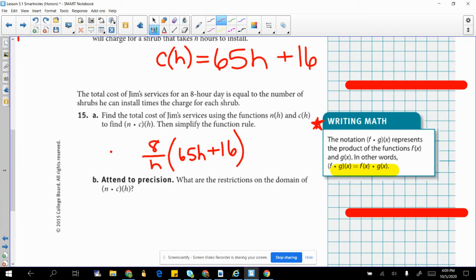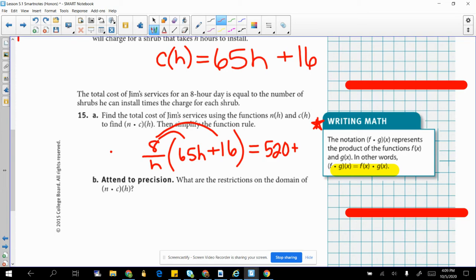First of all, when we distribute this in, that's all we're doing is multiplying that in. So 8 over h times 65h, the h's are actually going to cancel. So it's really just 65 times 8, which is 520. Plus 8 over h times a positive 16.